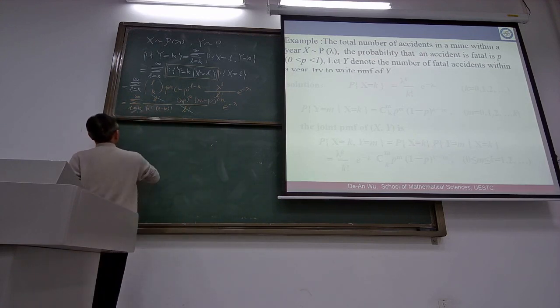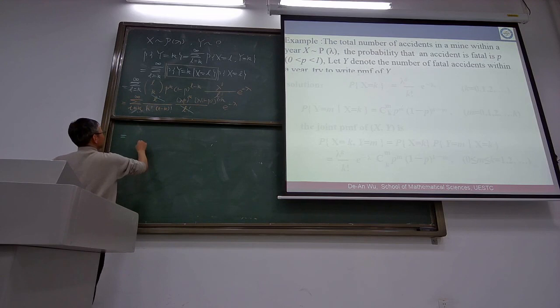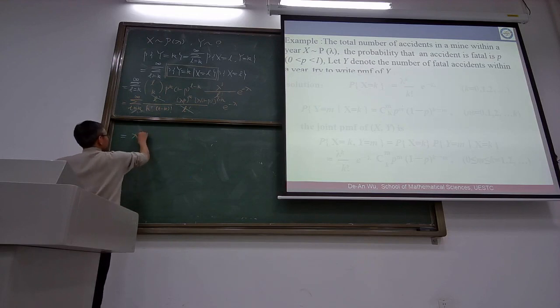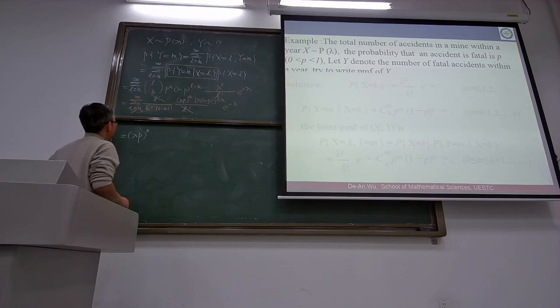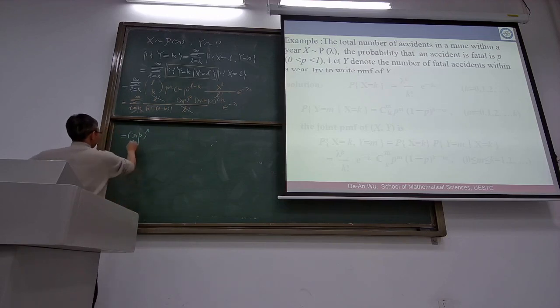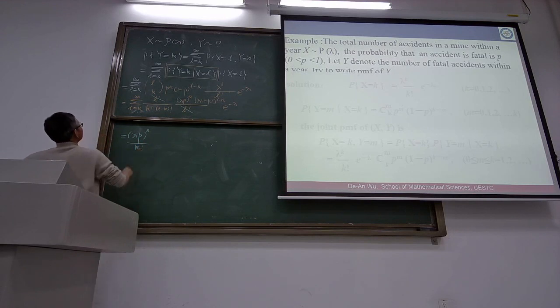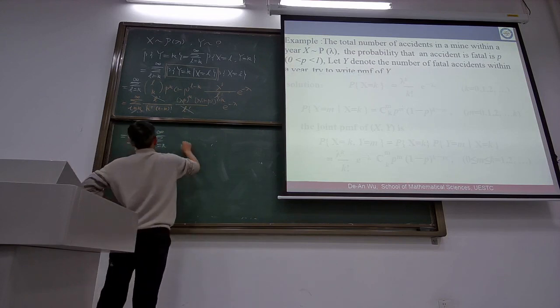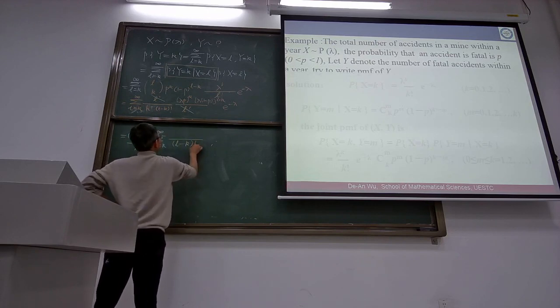This gives lambda p to the k over k factorial, times the sum from l equals k to infinity of lambda times 1 minus p to the l minus k over l minus k factorial.